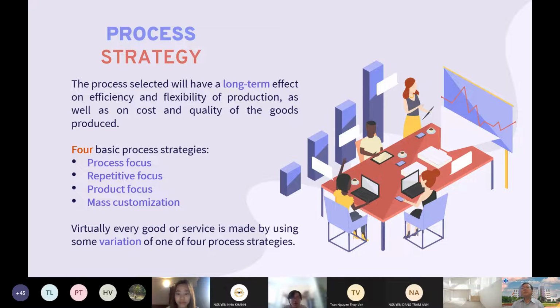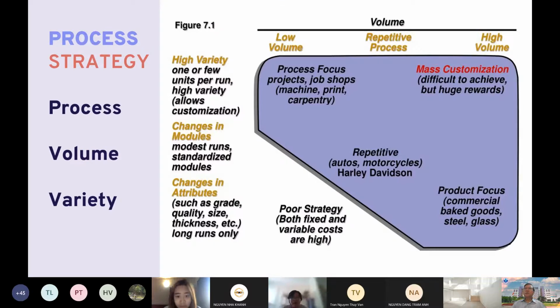So, where do these types come from? Let's look at the picture. These types were created by looking at two attributes: volume and variety. You can see volume on the x-axis and variety on the y-axis. Low volume and high variety characterize the process focus, and medium volume, medium variety describes the repetitive focus.